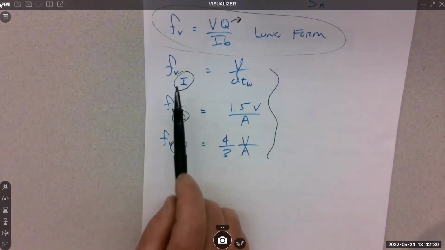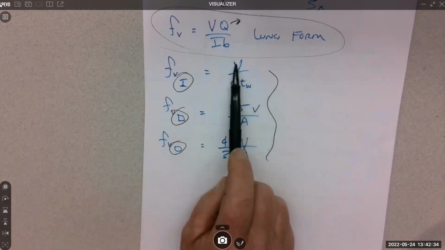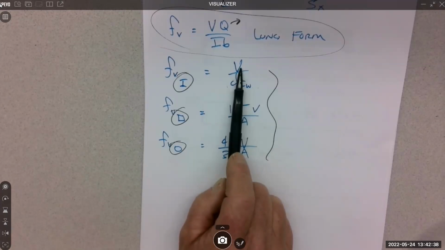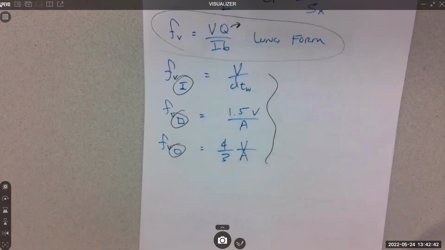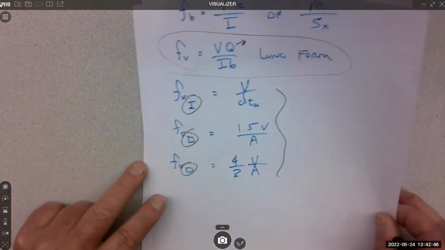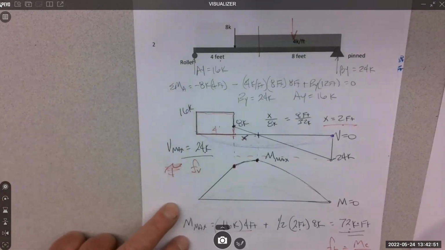So we're currently working with an I shape. The shortcut for that is V over DTW. V is the shear force from our diagram, and DTW is from the W shape. So I'm going to rewrite that equation. Oh, that's the wrong one.